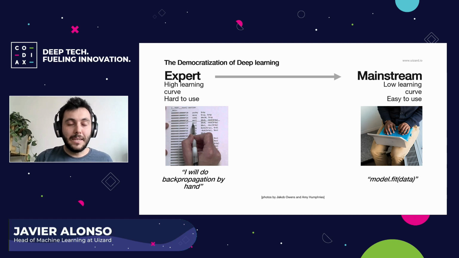And this doesn't mean that if you can do backpropagation by hand and implement all of these complex algorithms by hand, you're gonna lose your job anytime soon. You will still be required in a lot of different problems. But what this means is that we now have a new group of people that have access to all of these higher level tools that allow them to create products by just calling model.fit data.